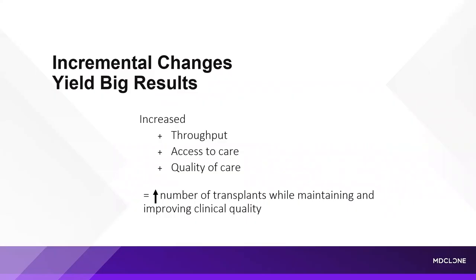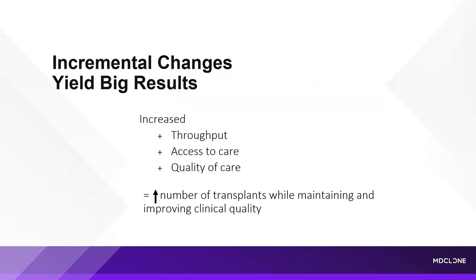So the moral is that incremental changes can yield big results. We were able to increase the rate at which transplants were being scheduled. We found the opportunities for efficiency, we reduced bottlenecks, and it was a continuous improvement cycle where we continuously monitored how our changes were affecting the outcomes in our patients.